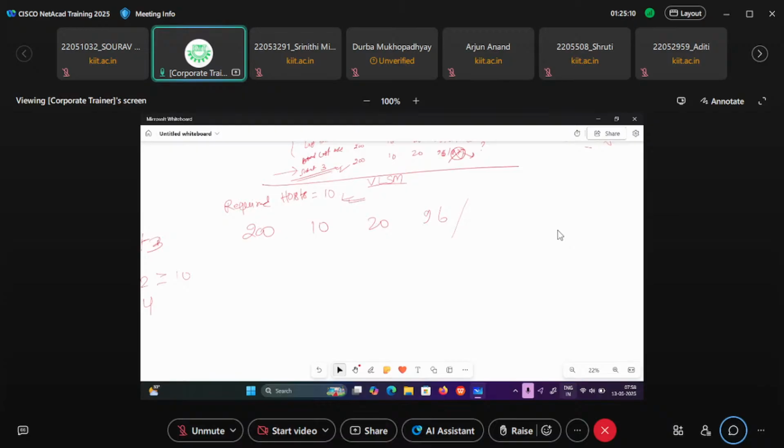So here, first of all, you have to write your subnet mask, 255.255.255, that is for class C, and then you have to convert it into binary form.